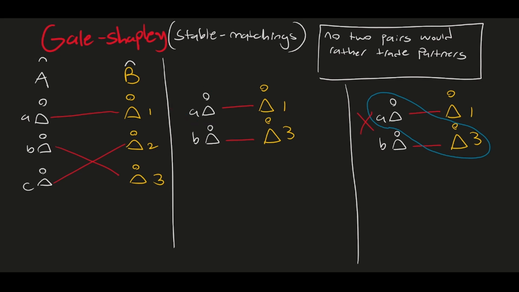So now, what if 3 wants to be with A and B wants to be with 1? So this pair doesn't even want to be with each other. They're stuck with each other. If A prefers 1 and 1 prefers A, then no swaps can occur and we have a stable matching.